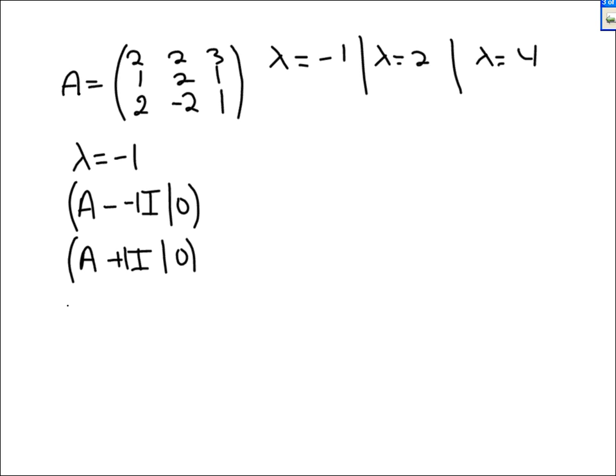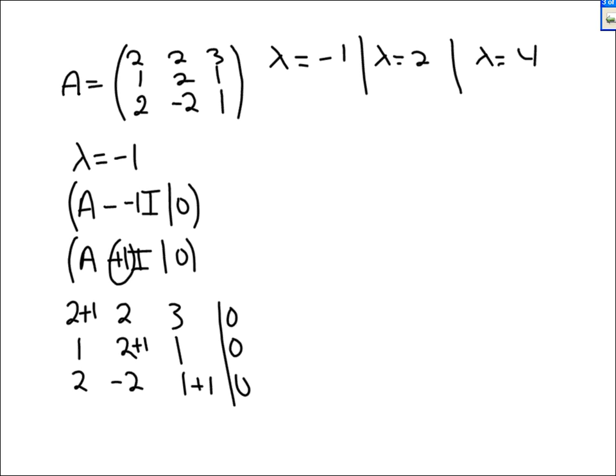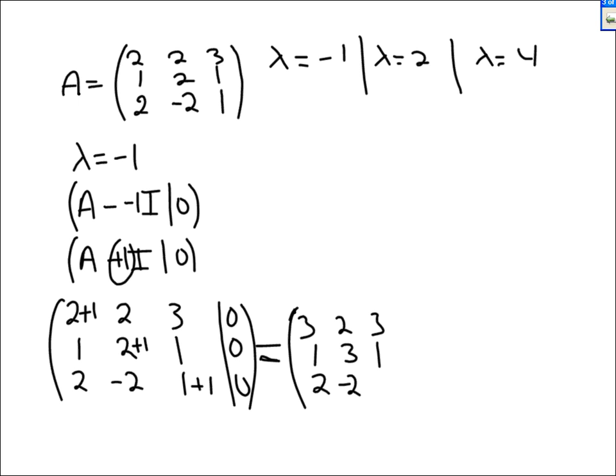So I write down 2, 2, 3, 1, 2, 1, 2, negative 2, 1, and I add 1 to each entry on the diagonal. And this gets augmented with the 0 vector. Adding the 1s to the diagonal gives me this.